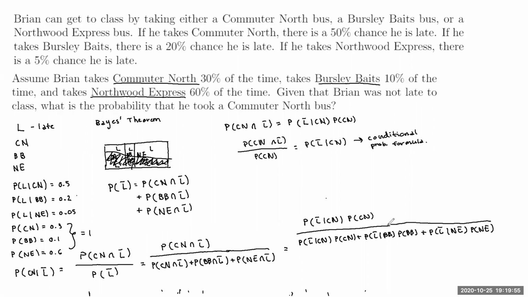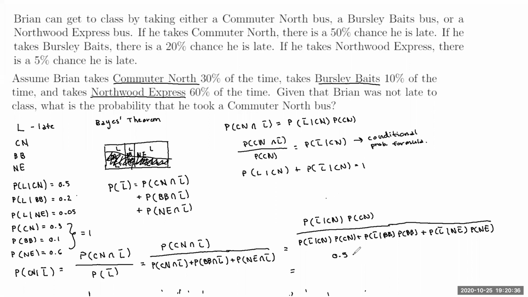After this, we can plug in the givens. So we have P of L complement given Cn. Here we have P of L given Cn. It's the same with this disjoint partitioning: we know that P of L given Cn plus P of L complement given Cn is equal to 1. So we just take 1 minus this value. So P of L complement given Cn is 0.5.